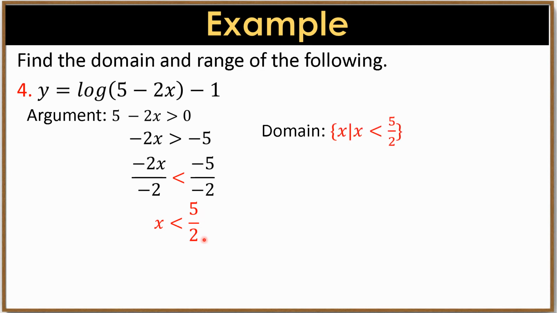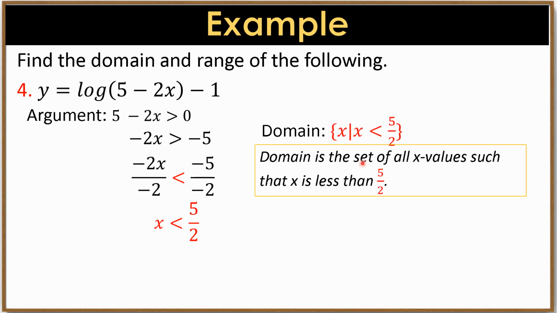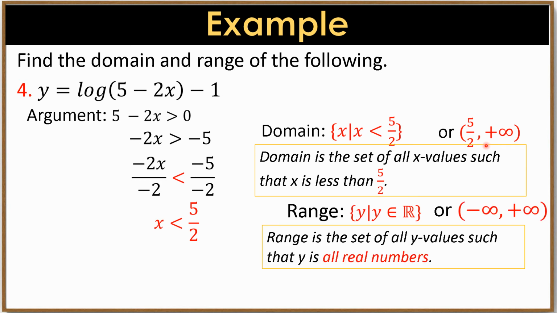Therefore, our domain is the set of all x values such that x is less than 5 over 2. Or you have negative infinity to 5 over 2. Same range. Our range is the set of all y values such that y is all real numbers.